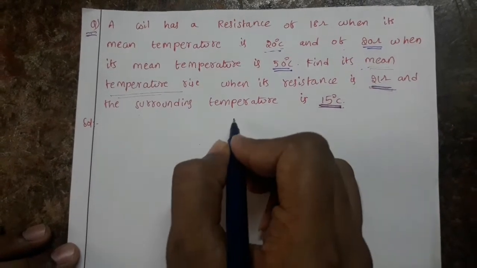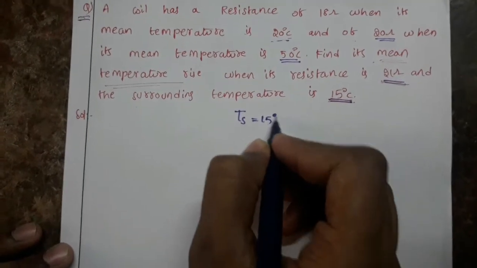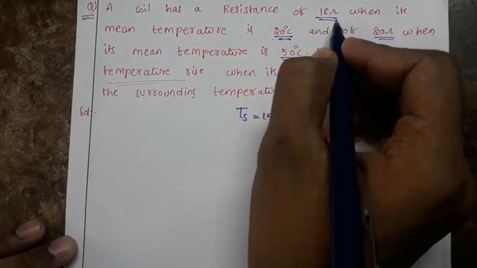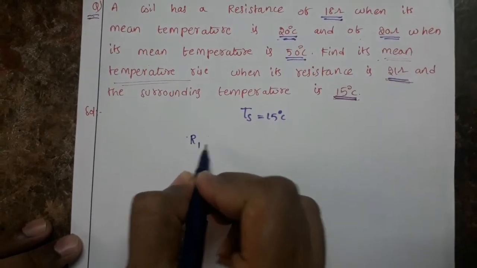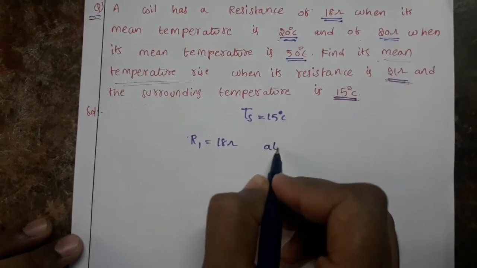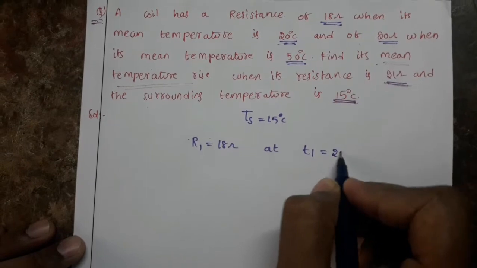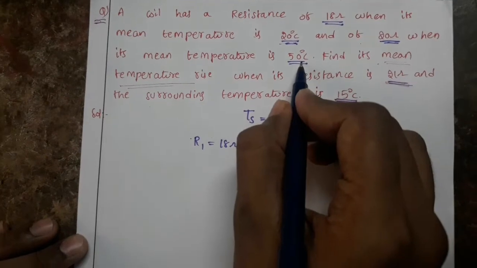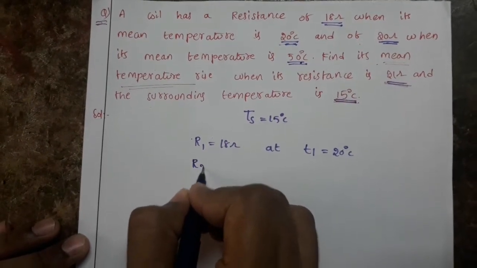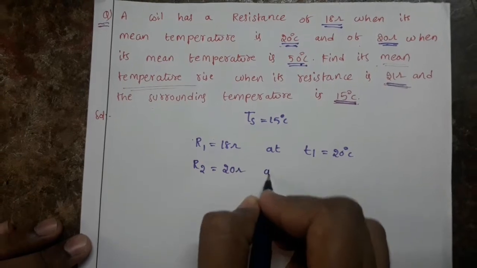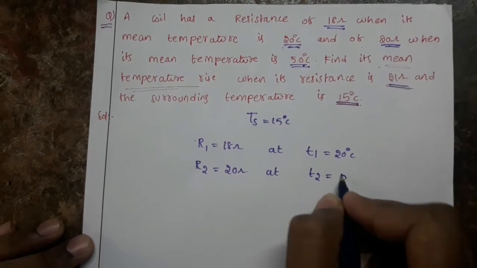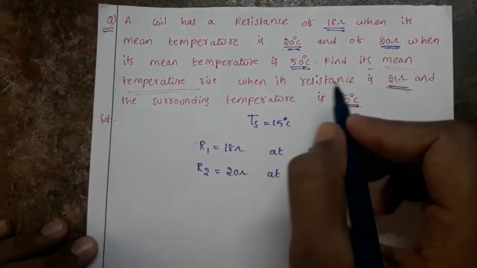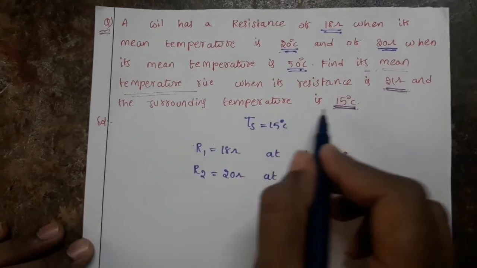They have given the surrounding temperature of 15 degrees centigrade, and at a temperature equal to 20 degrees, we have a resistance of 18 ohms. That is R1 equal to 18 ohms at T1 equal to 20 degrees centigrade, and R2 equal to 20 ohms at T2 equal to 50 degrees centigrade.